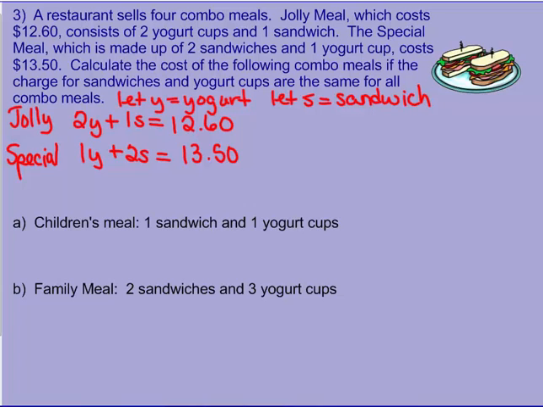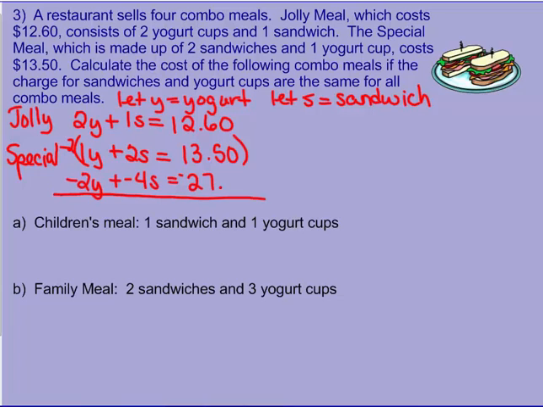So, I think I'm going to eliminate. I'm going to multiply this by -2 and get my y's to cancel. So -2 y's and -4 sandwiches equals -27.